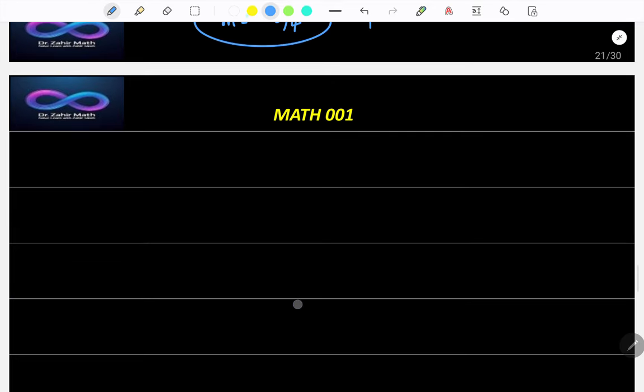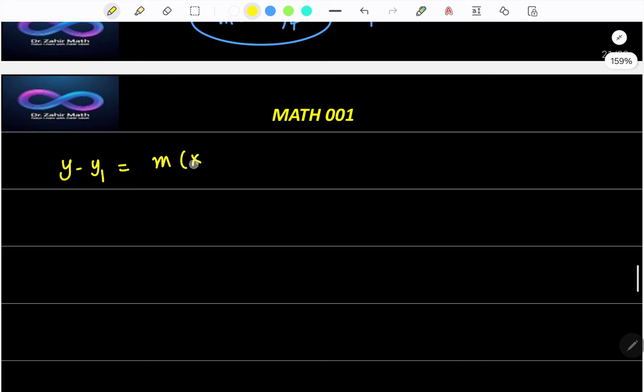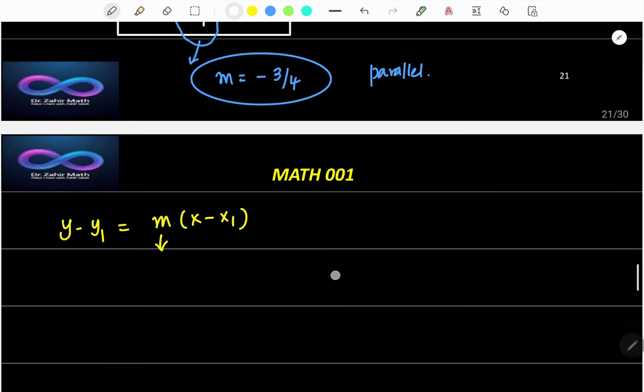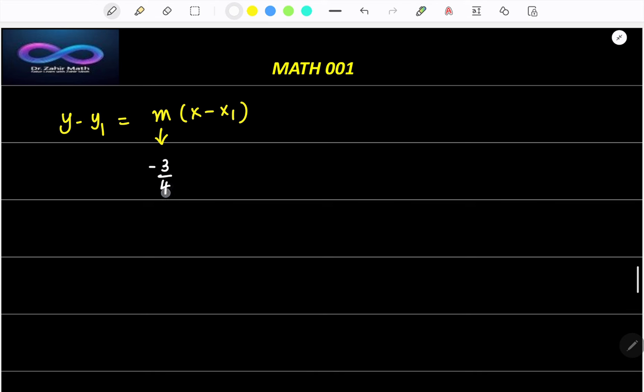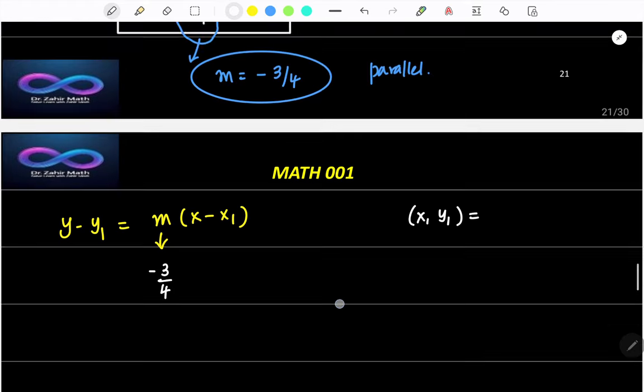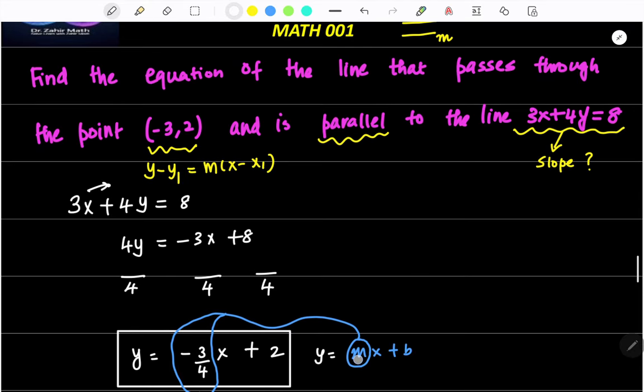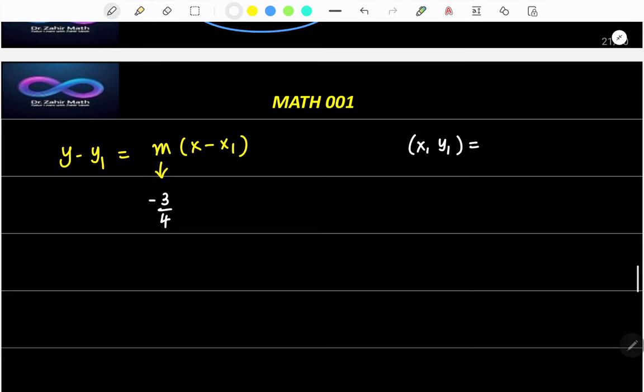So now what formula am I going to use? y minus y1 equals m into x minus x1. So what is my m? My m is negative 3 by 4. And then I'm going to use your x1, y1, which is given in the question, which is (-3, 2).